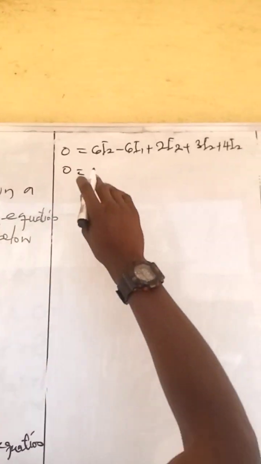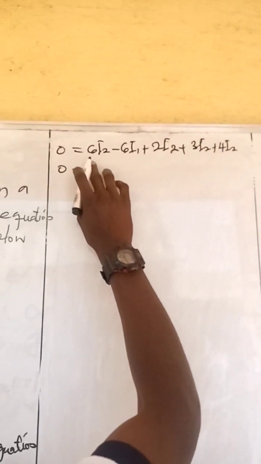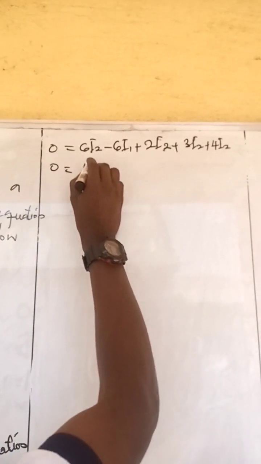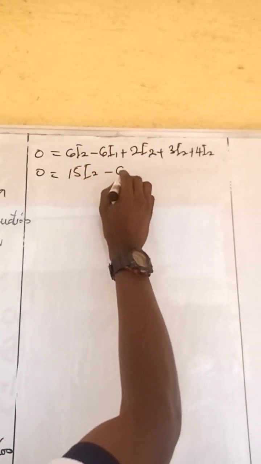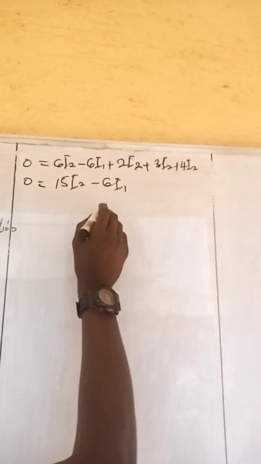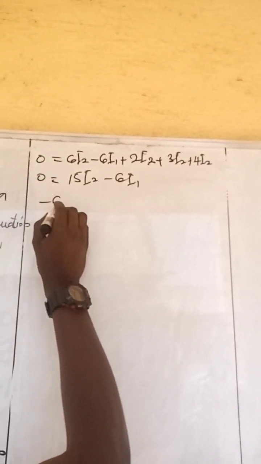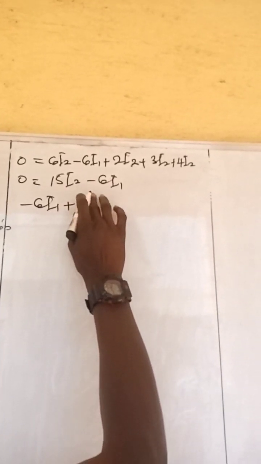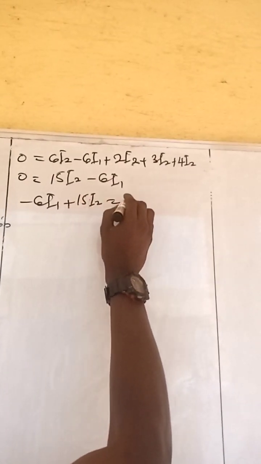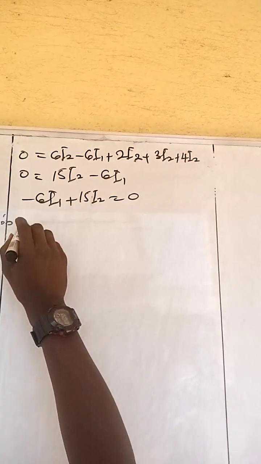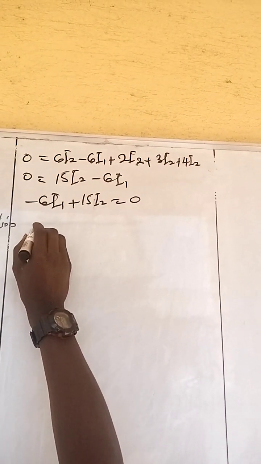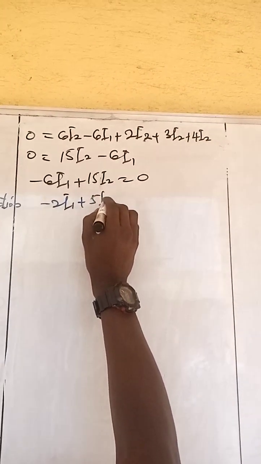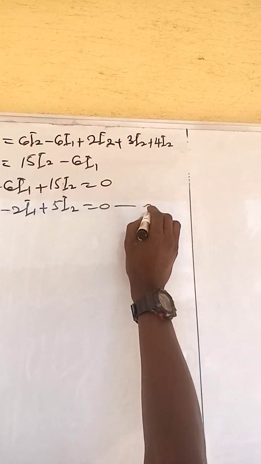By collecting the like terms, if you add together 6I2 plus 2I2 plus 3I2 plus 4I2, it will give us 15I2 minus 6I1. So therefore we can write it as minus 6I1 plus 15I2 equals 0. So 3 can go there. Minus 6 divided by 3 will give us minus 2I1 plus 5I2 equals 0. This is our equation 2.